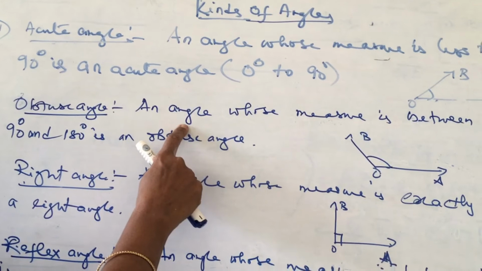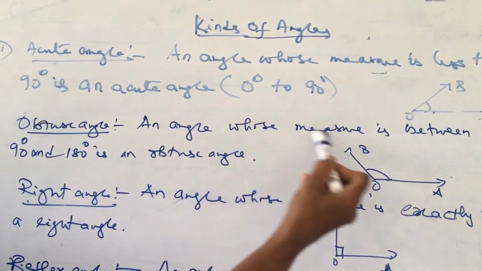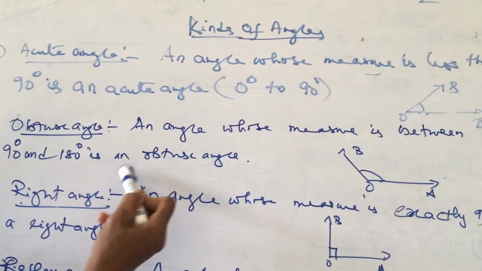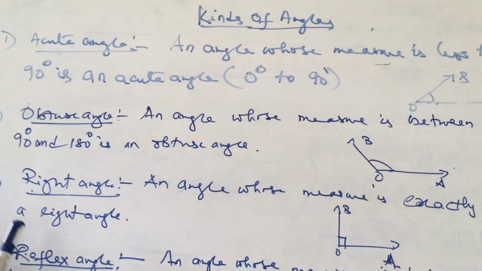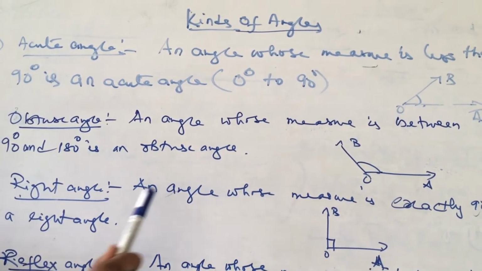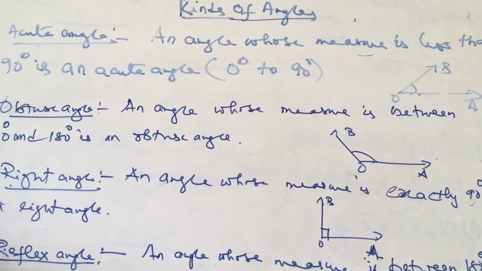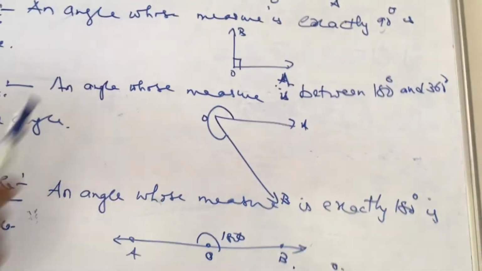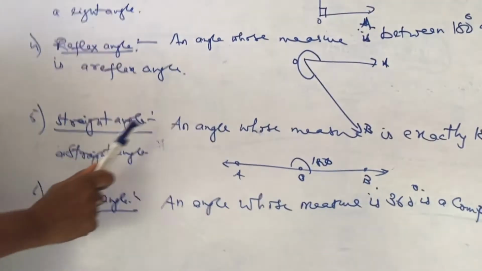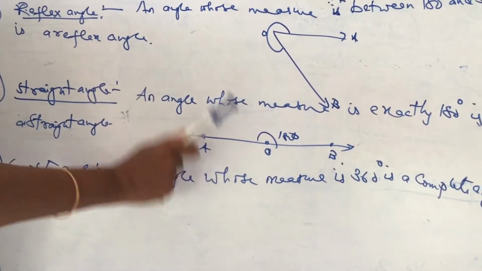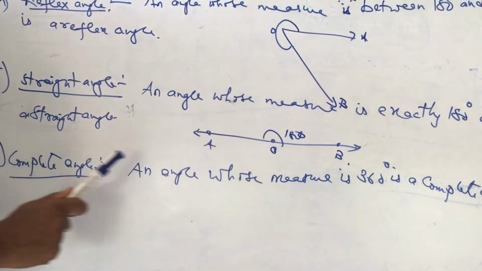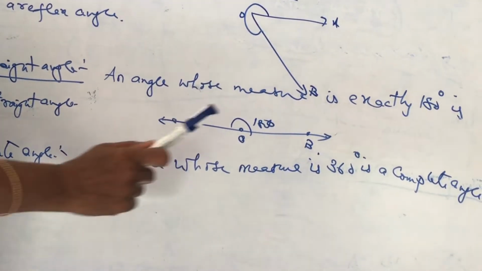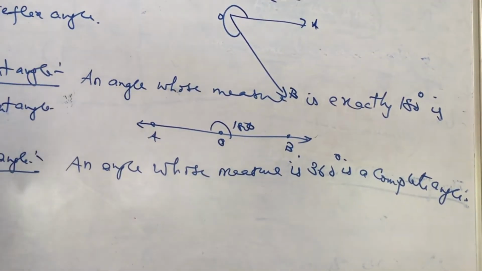An angle whose measure is between 90 and 180 degrees is an obtuse angle. Right angle measures exactly 90 degrees. Reflex angle measures between 180 and 360 degrees. Straight angle measure is exactly 180 degrees. And complete angle measure is 360 degrees.